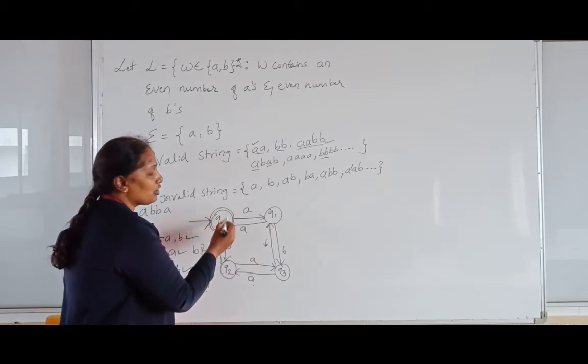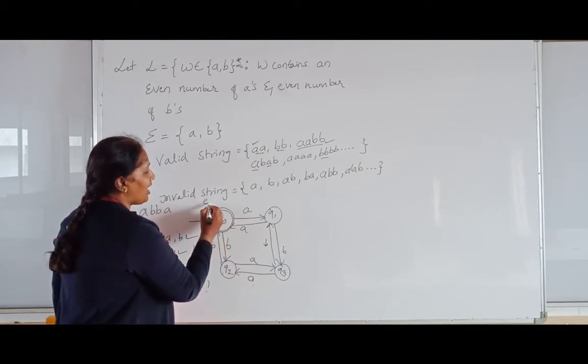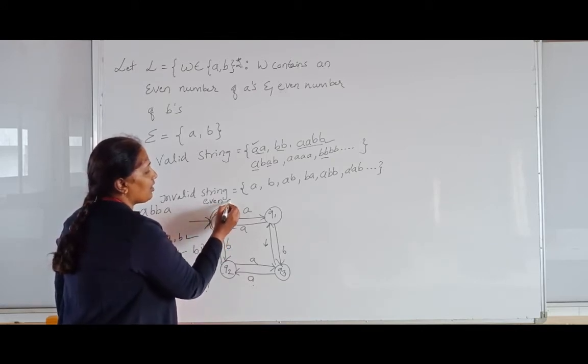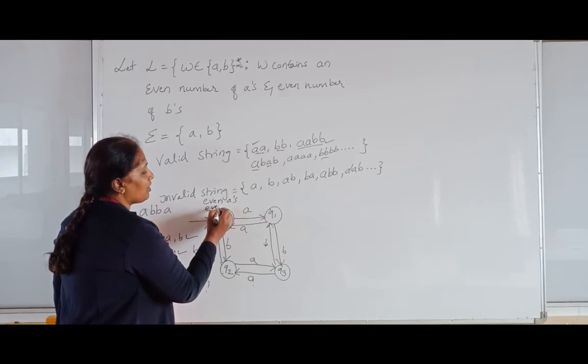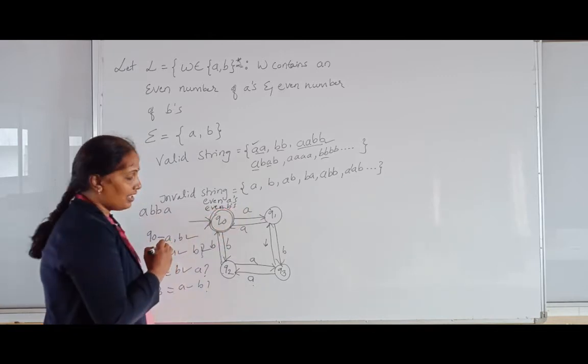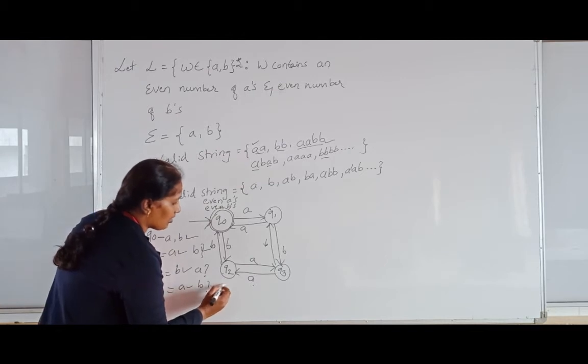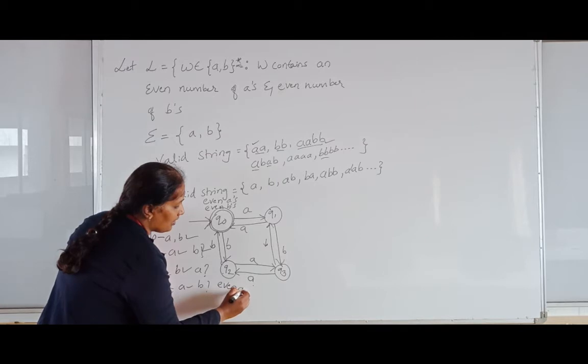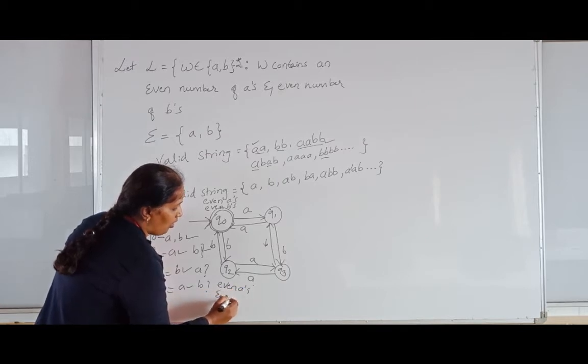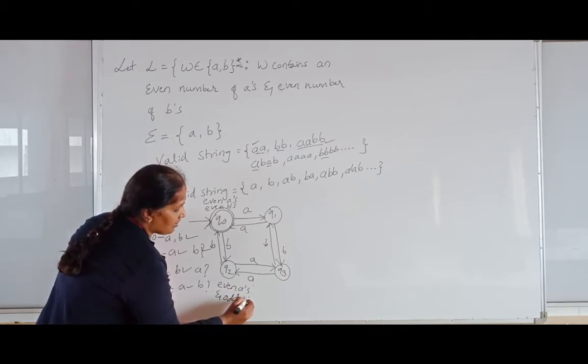So if I make Q0 the final state, it starts accepting what? Even number of A's and even number of B's. Next, if I make Q2 the final state, it starts accepting even number of A's and odd number of B's.